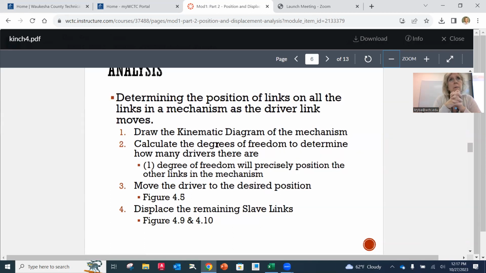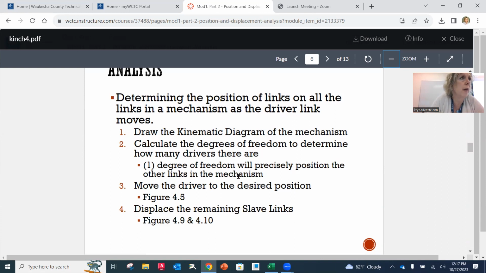It may or may not be the furthest point out on that output link, or the closest point. It might just be a snapshot in time, which is going to be most of the problems that you start off with here. Then you're always going to calculate the degrees of freedom, just to be sure that you have what you're expecting, and that you can confirm you have your links identified and your joints identified as well. So it's a nice double check.